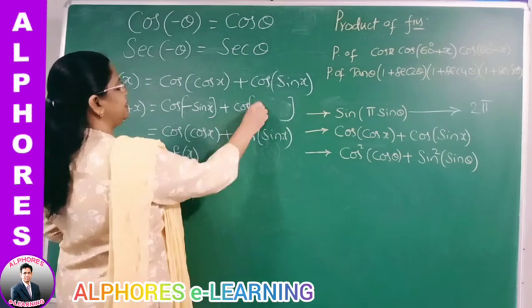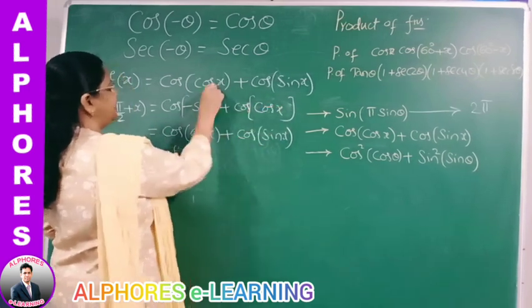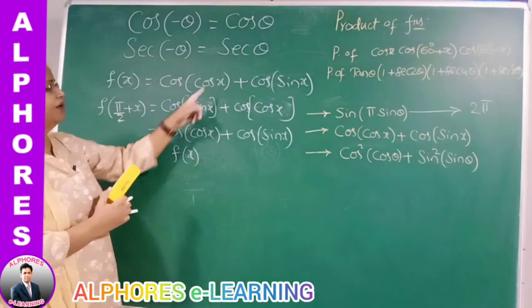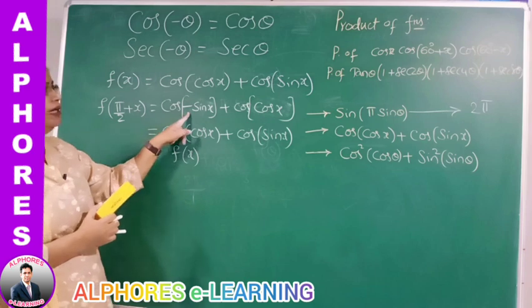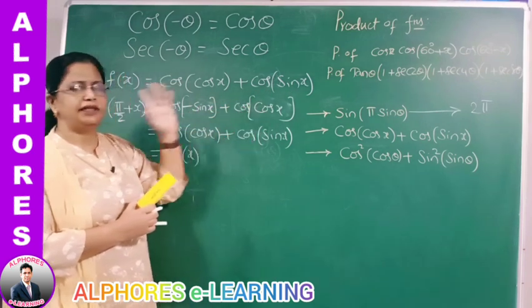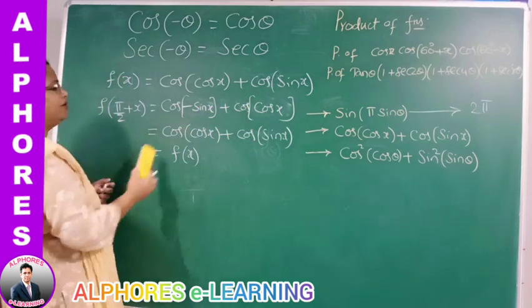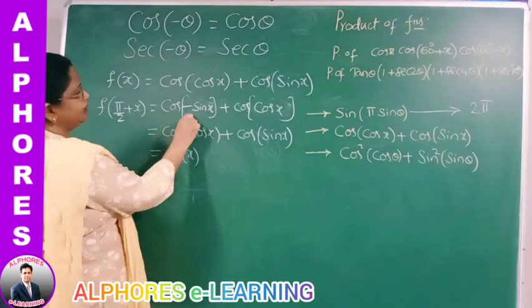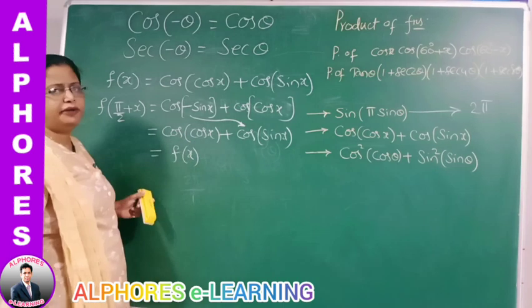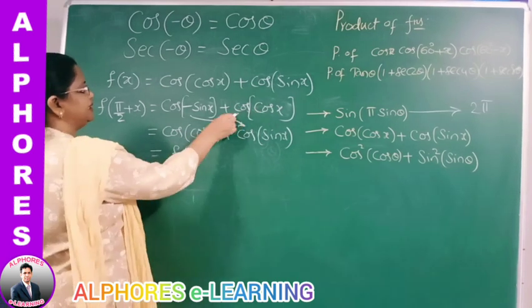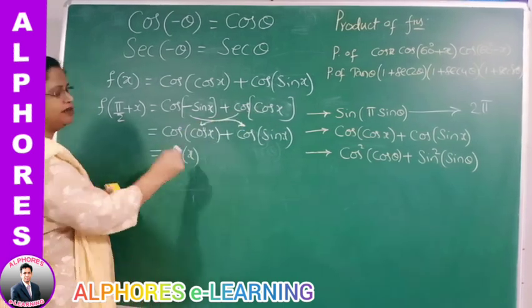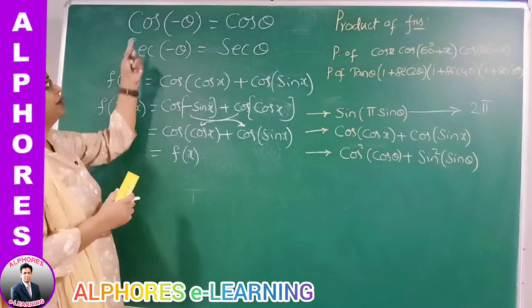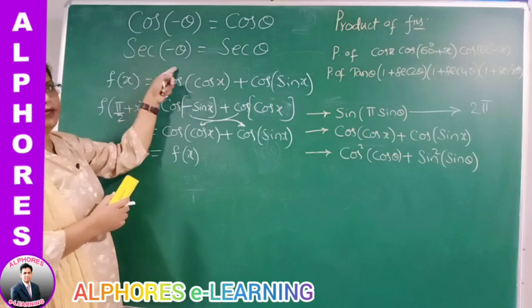So wherever x is there, we replaced the x value with pi by 2 plus x. Cos of 90 plus x is minus sin x, sin of 90 plus x is cos x. Then again cos of minus theta, what is the value? Actually cos theta, that means you observe this value here, and again this is as it is, that is nothing but f of x.